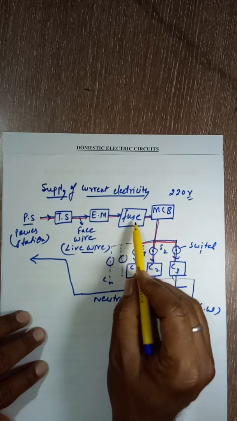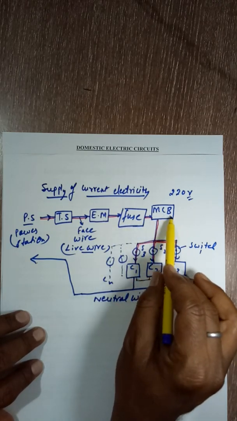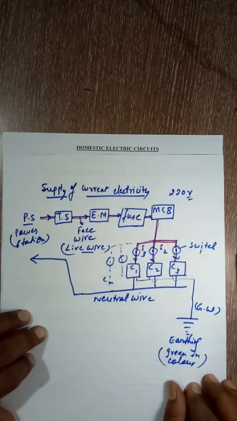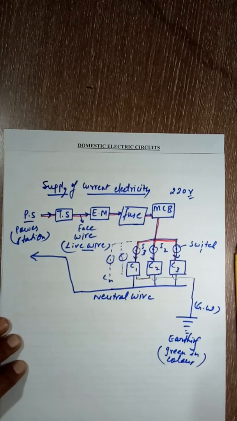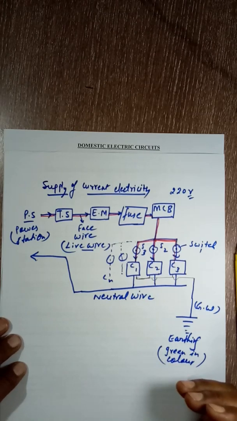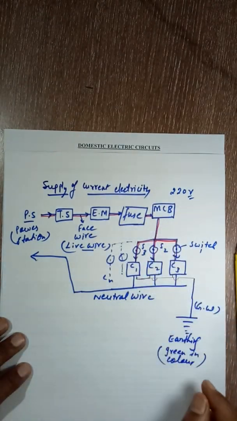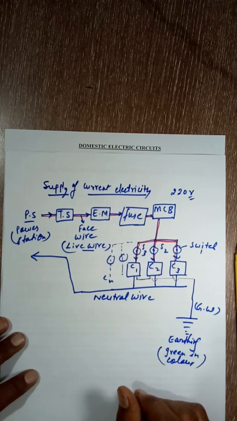Either the fuse melts itself and hence breaks the circuit, or the miniature circuit box MCB drops down. Several times you might have noticed at your house that in the case of short circuit or high voltages, MCB drops down by itself. Then you need to go and lift it up.